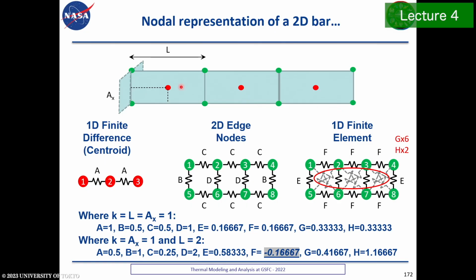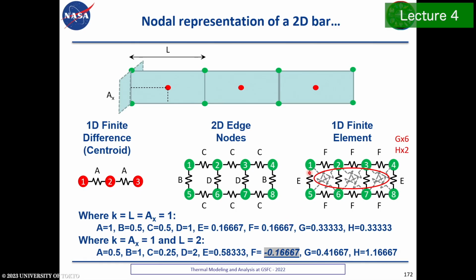And then if I go with finite element formulation, I get these diagonal terms in here as well, and you can see these. Now, for K equal to length equal to the cross-sectional area, all equal to 1, you can see, okay, it might follow some intuition. Nothing negative in there that would be scary. But if I change the length equal to 2, well, the mathematics work out now that this becomes a negative value.